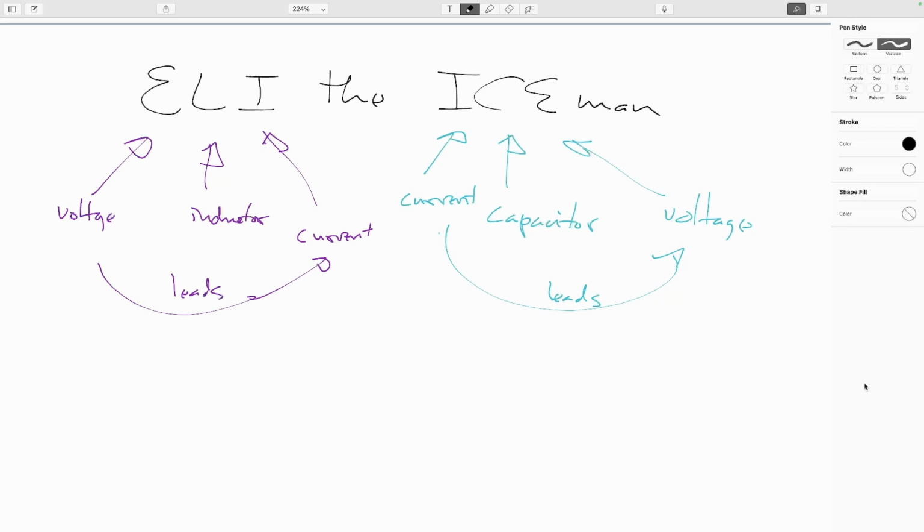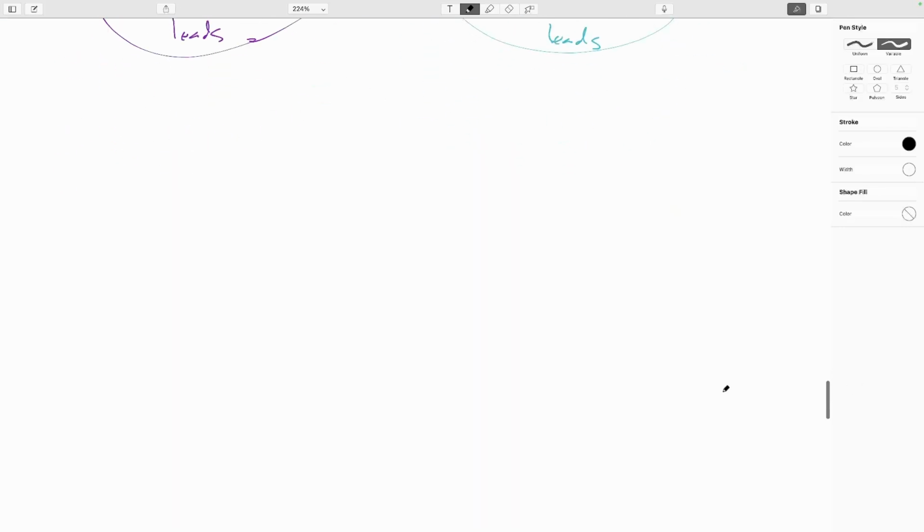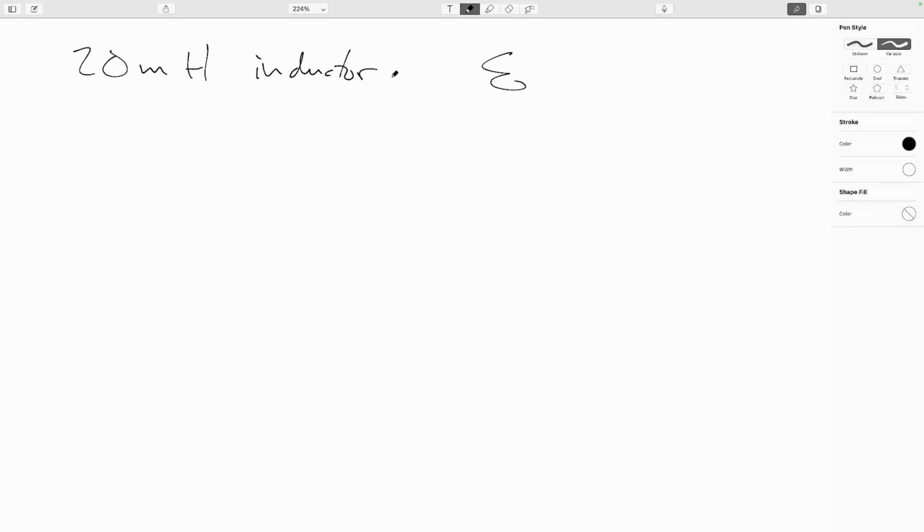All right, so just to make this a little concrete, let's say I have a 20 millihenry inductor. And let's say I'm applying an external AC EMF whose maximum value is 10 volts.